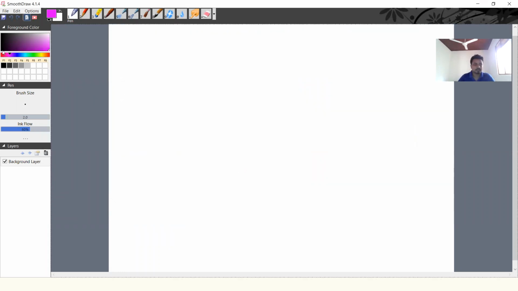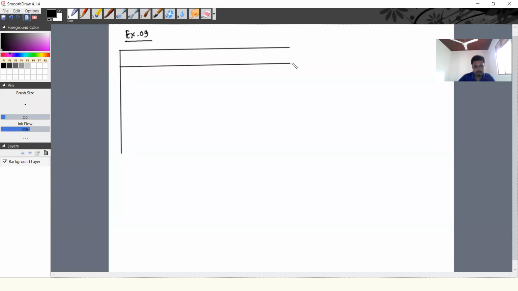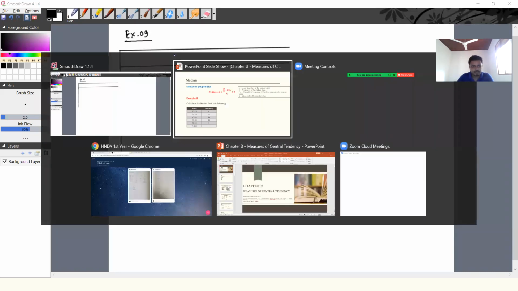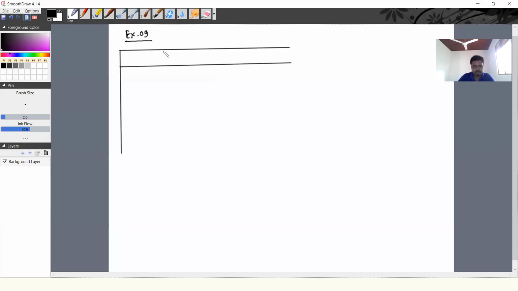Example number 9. Here we have the marks and the frequency.